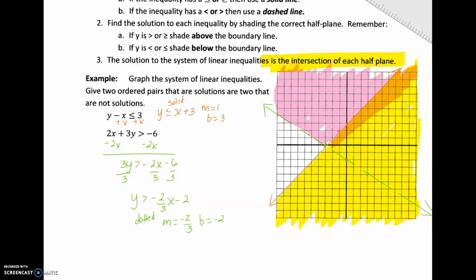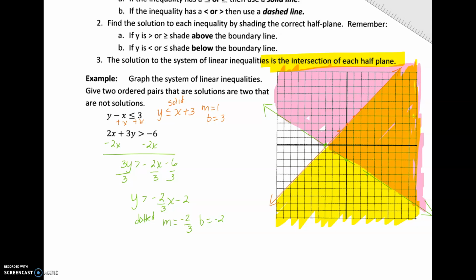You'll see it just happens that when the pink goes over the yellow, it makes it orange. All of this orange is where they are solutions to the system of inequalities. So anything orange.